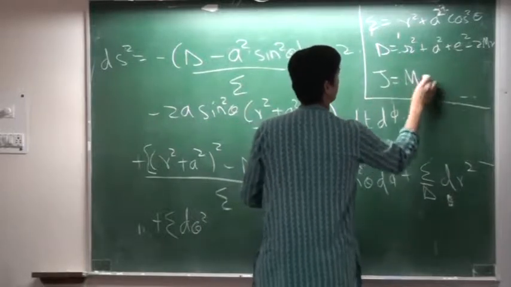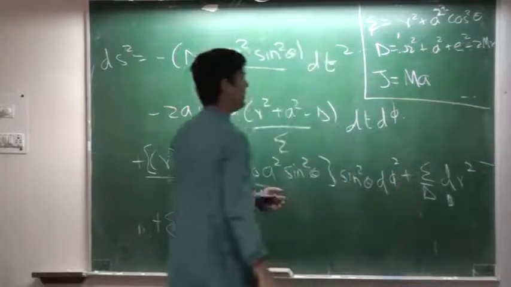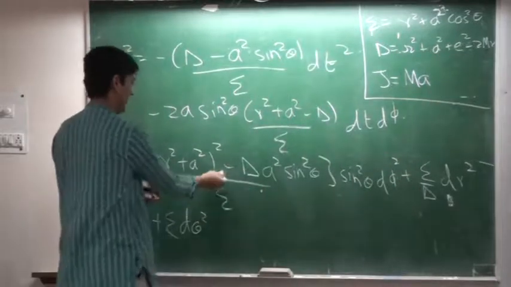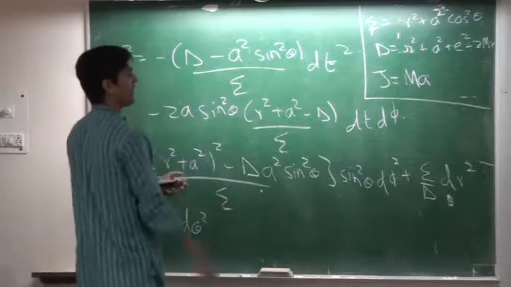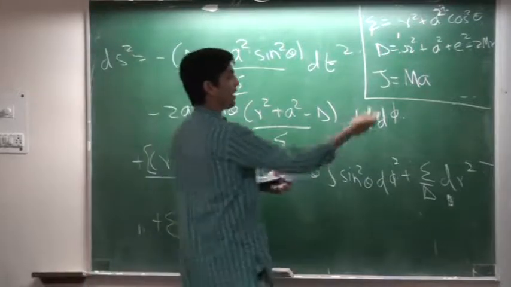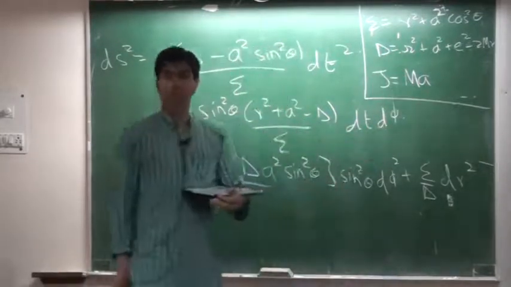Okay, so these solutions are written in terms of parameters a and e, which appear here, and these auxiliary quantities sigma and delta. But they have charge, which is e, and they have angular momentum, which is M into a.